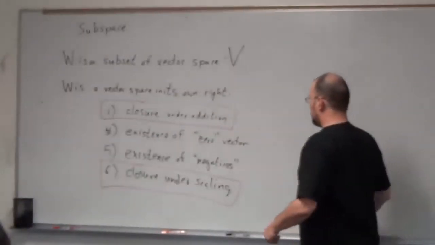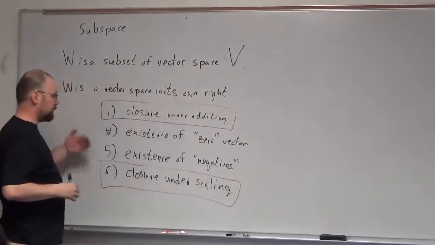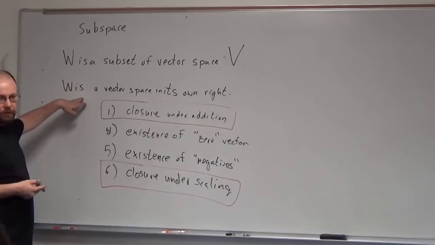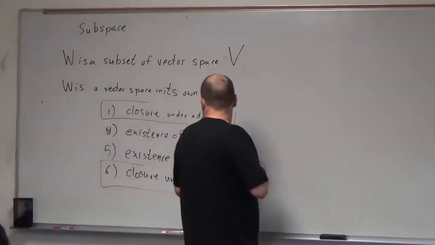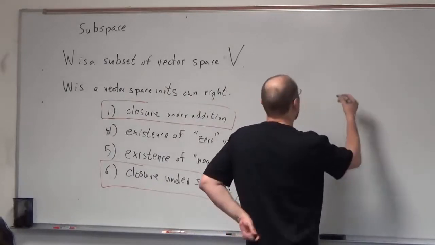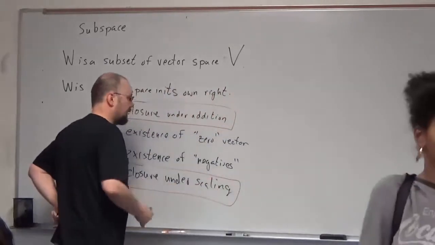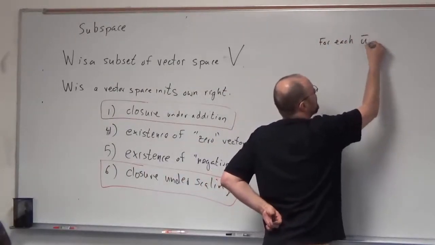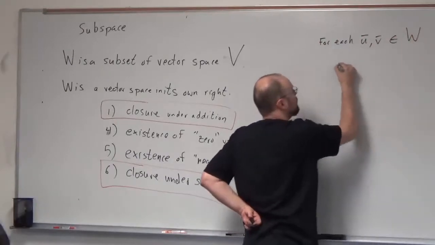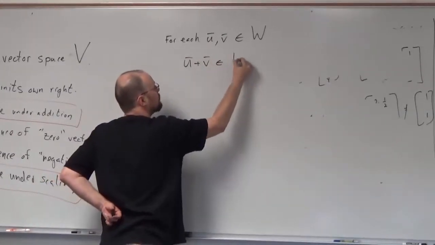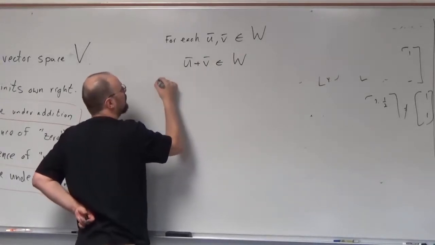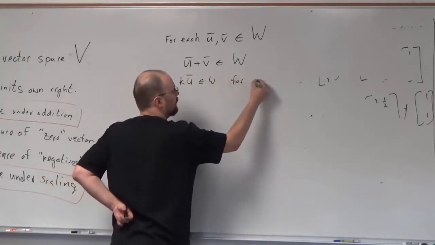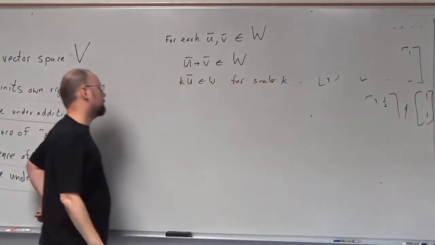So it's going to be enough just to show closure under addition and scaling to show that a subset is in fact a subspace, a vector space in its own right. Okay. So suppose closure under addition and scaling holds. So this means that for each u and v in W, we know that u plus v is in W, and then k times u is in W for any scalar k.